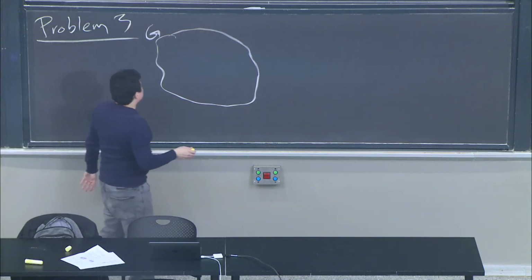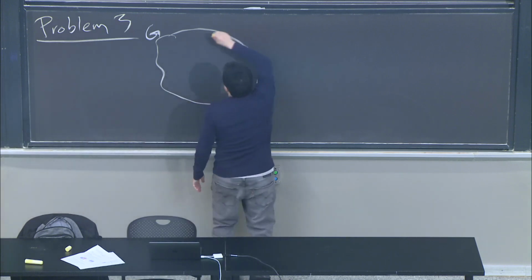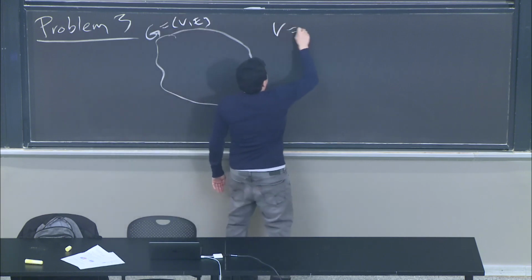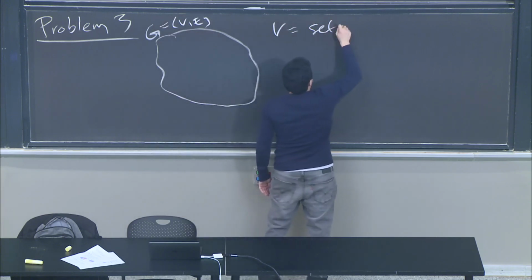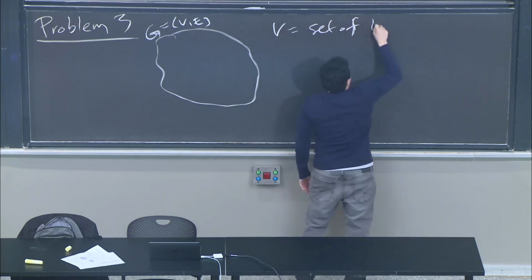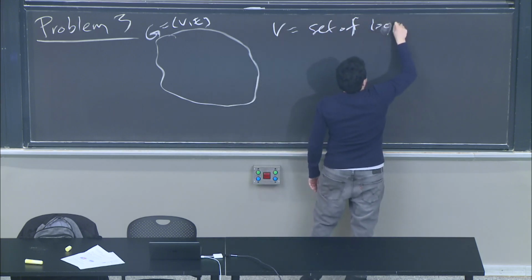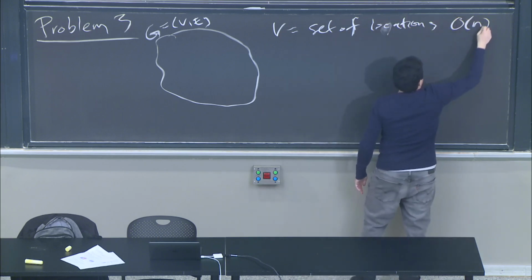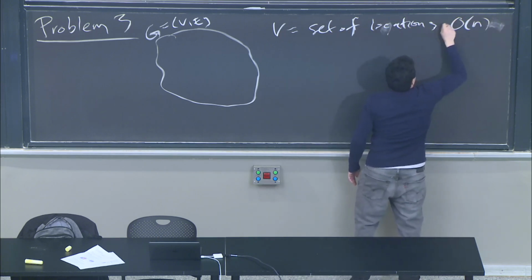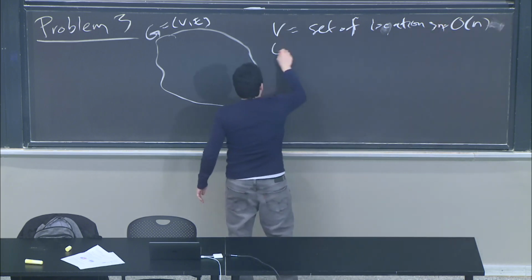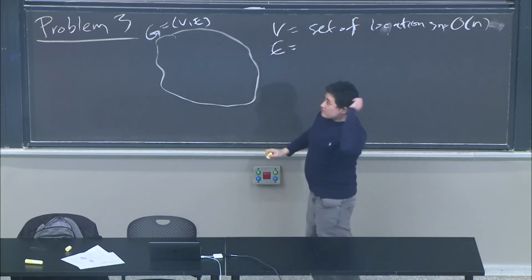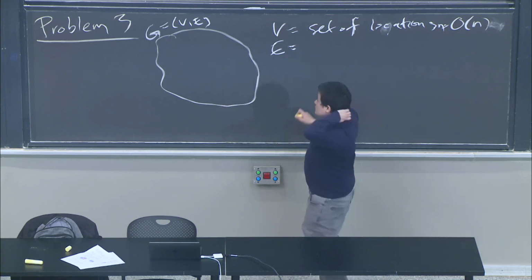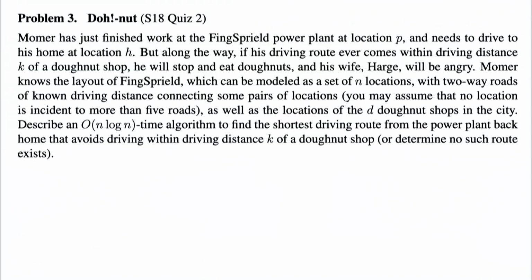Okay, so I'm going to define a graph, V, E, and we've got V. That's going to be my set of locations. So this says there are order n of them. There's actually n of them. And then E, what are we going to have? It's a known pair of things, right?